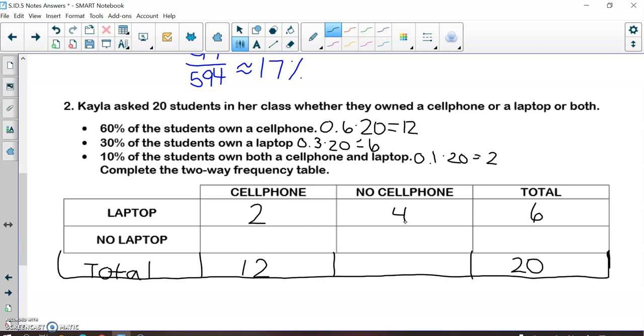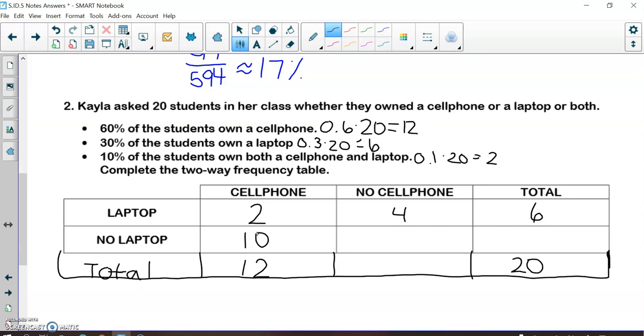And out of the cell phone total, I have 12 students. 12 students minus the 2 students that own a cell phone and a laptop brings us to 10 students who own a cell phone but no laptop. And then, in the complete total of the row, I have 20 students total, and in the cell phone column, I have 12 students altogether.